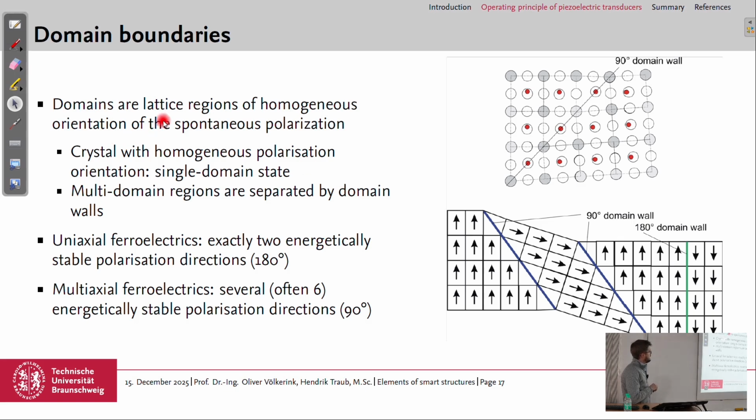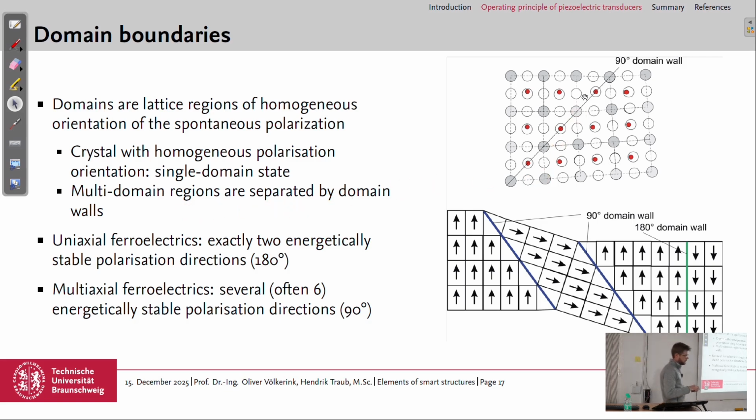Domains are lattice regions of homogeneous orientation of the spontaneous polarization. We could also have crystals with homogeneous polarization orientation, a single domain state. Otherwise, we have multi-domain regions which are separated by domain walls.